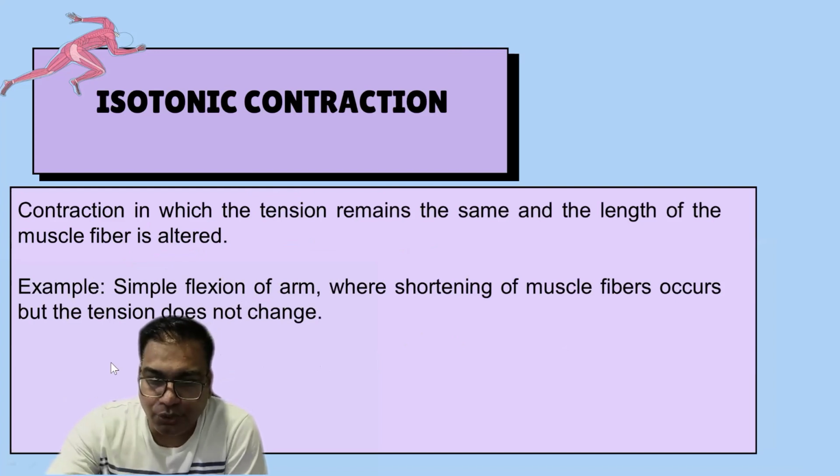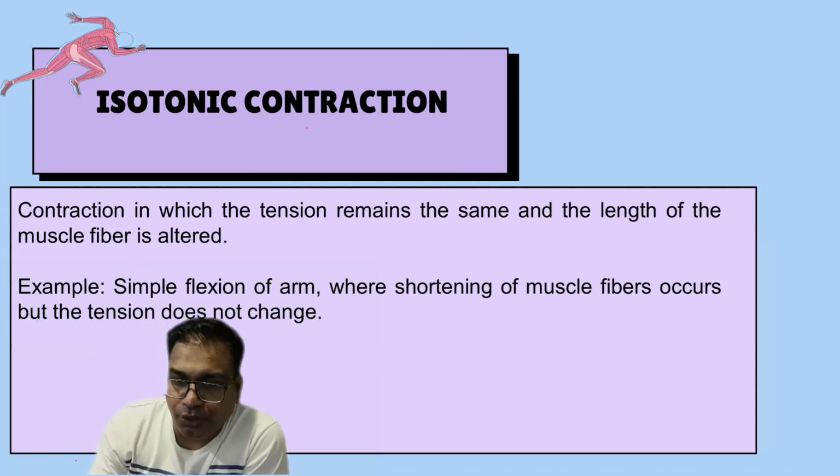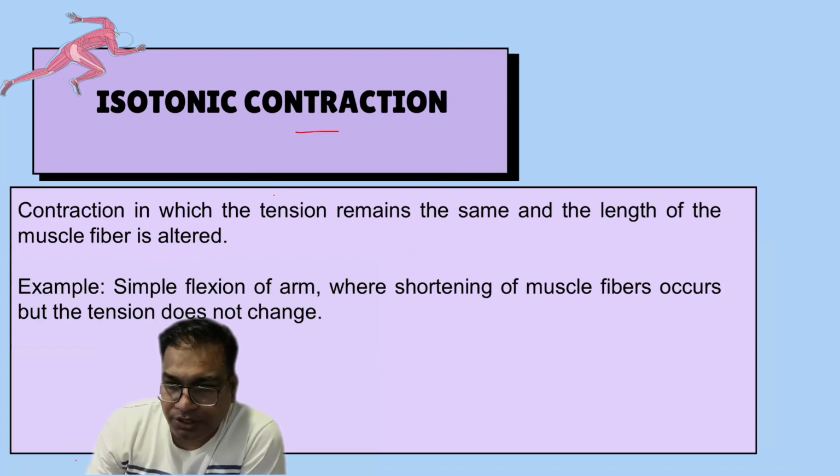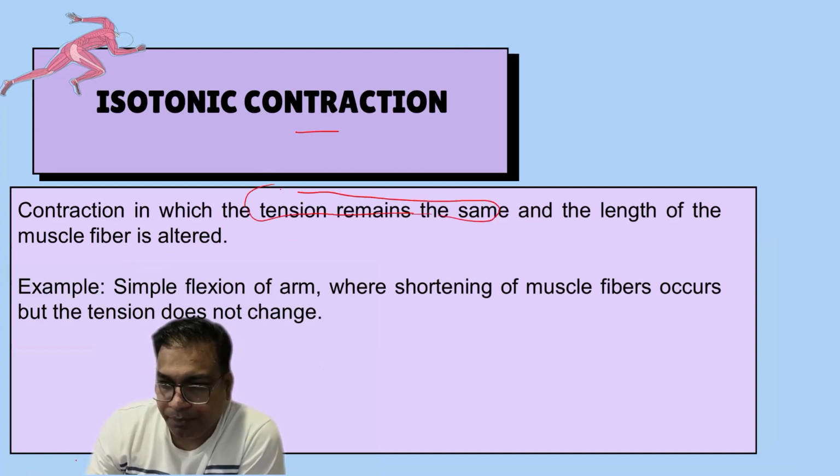Now come to the isotonic contraction. In isotonic contraction, basically the tension remains the same and the length of the muscle fiber is altered.